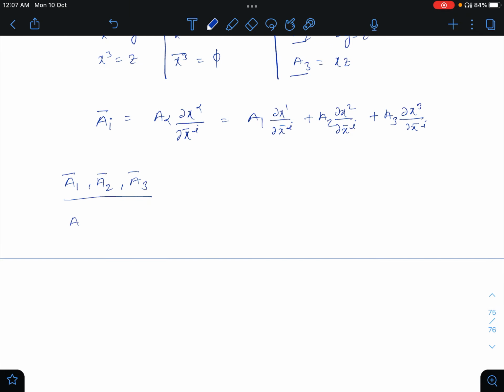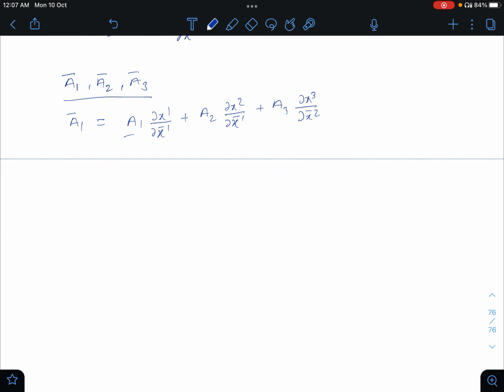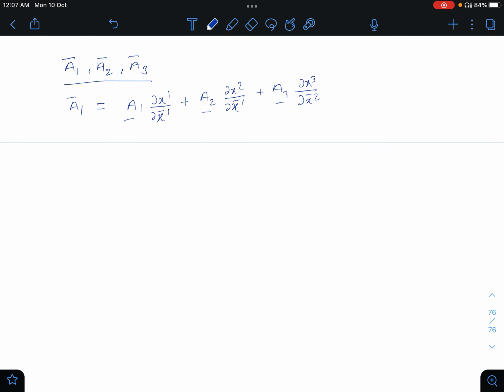So let us first find a1 bar. We replace i by 1, so here it will be 1, here it will be 1, here also it will be 1. So a1 bar is equal to a1 delta x1 divided by delta x bar 1 plus a2 delta x2 divided by delta x bar 1 plus a3 delta x3 divided by delta x bar 1. Let us replace a1, a2 and a3 as given in the question, and put x1, x2 and x3 as x, y and z.